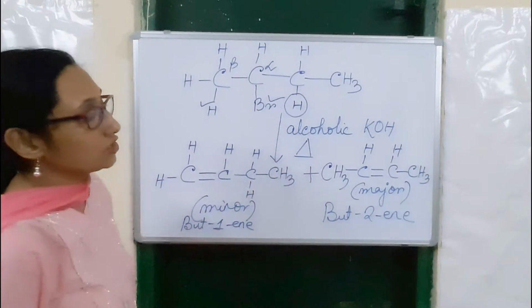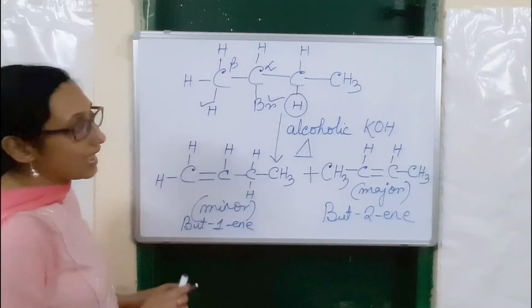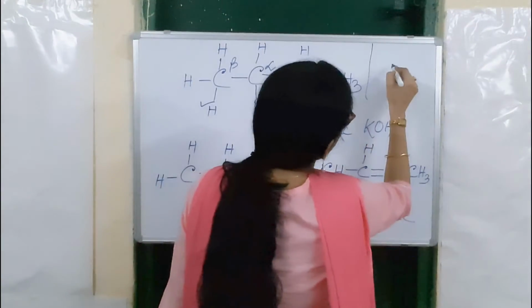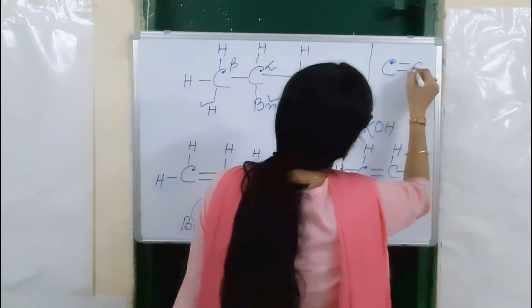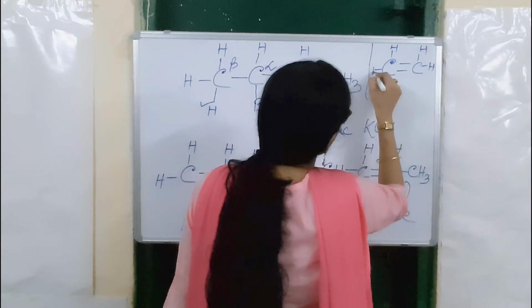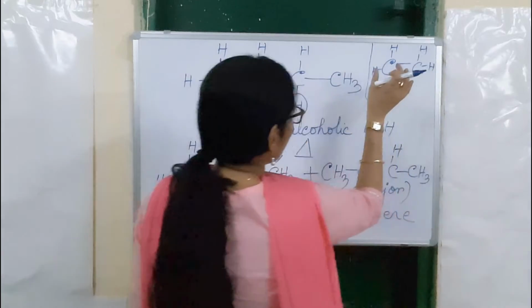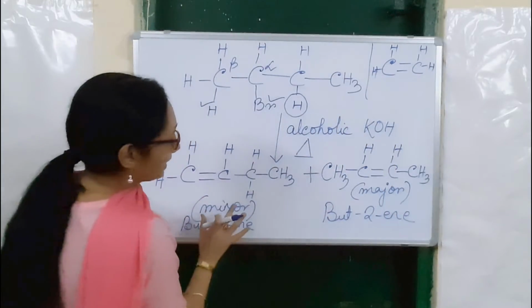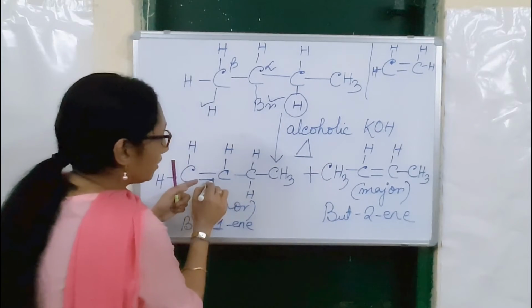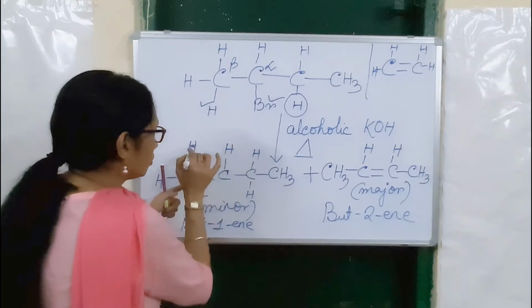Now, how to check the number of substitutions in an alkene? Let us remember the mother compound, that is ethylene. Now, suppose you compare this but-1-ene with ethylene, say this is the double bond. Here you have how many hydrogen? 1, 2, 3.